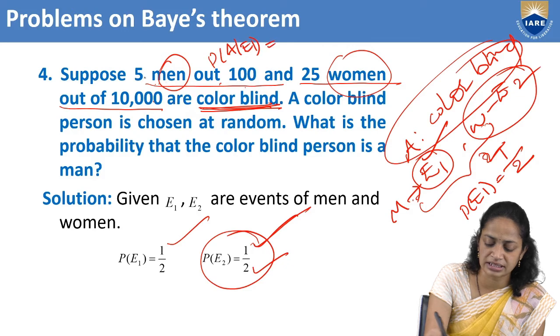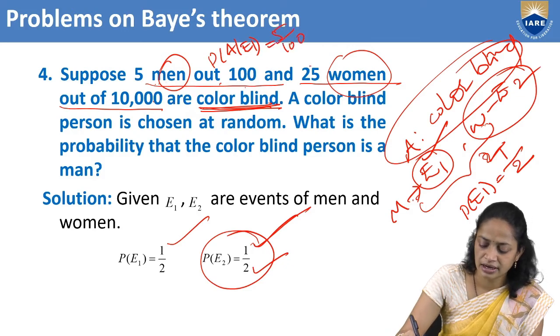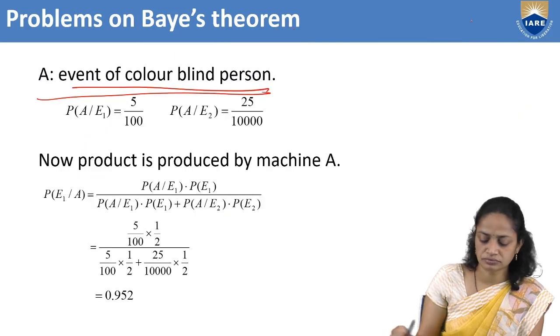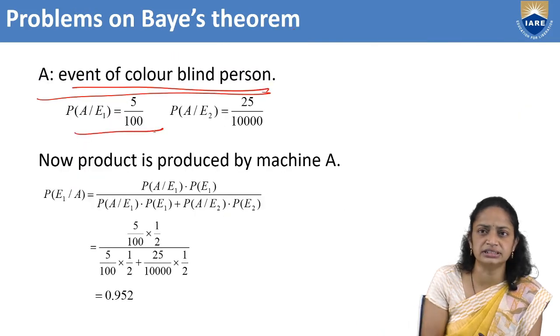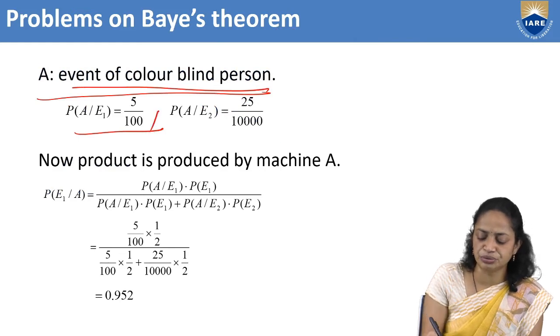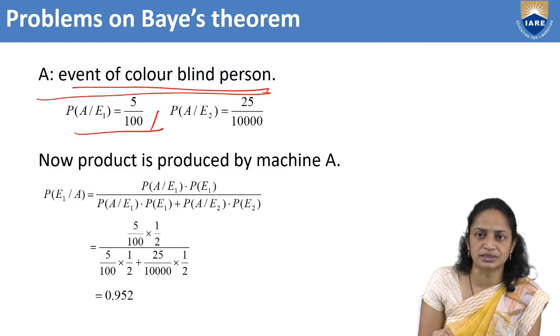Probability of A given E1 is 5 by 100. Like that, probability of A given E2 equals 25 by 10,000.